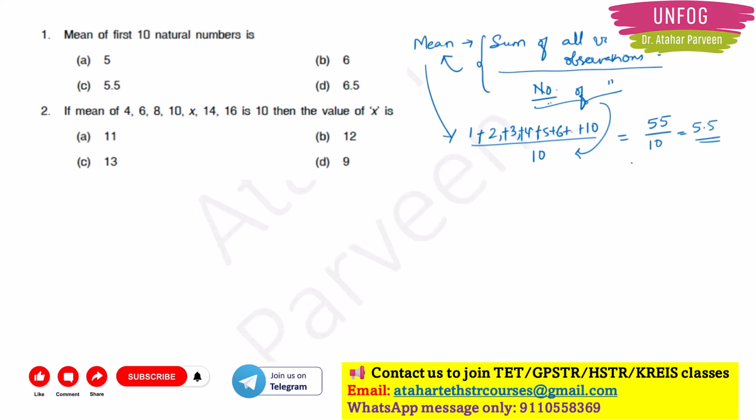So this will be your mean. So option C will be the right answer. The mean of first 10 natural numbers will be 5.5.